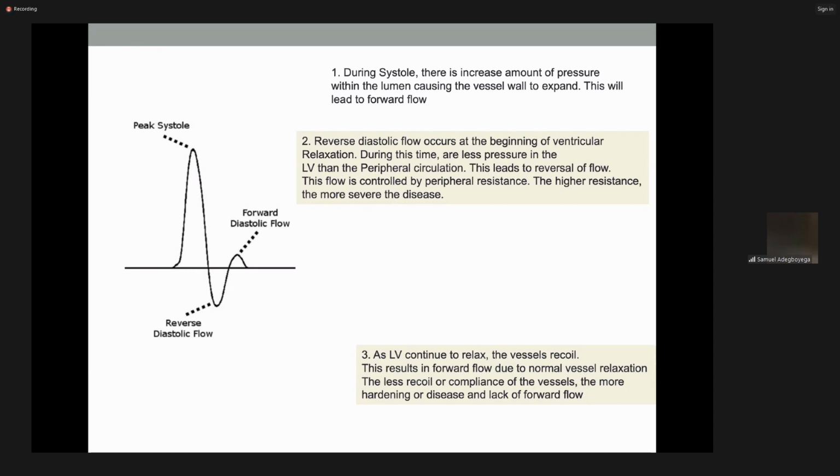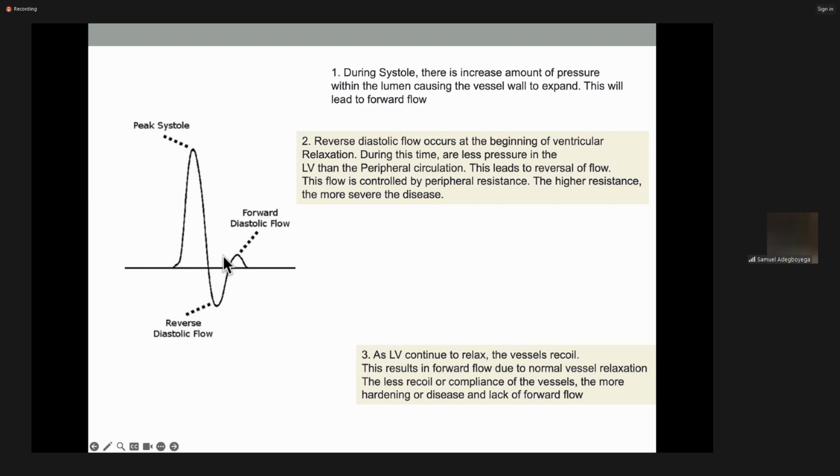But one of the things that could be causing that is calcified vessels. And what's really affecting the reverse diastolic flow is a very high peripheral resistance. A very high peripheral resistance will lead to a reverse diastolic flow.